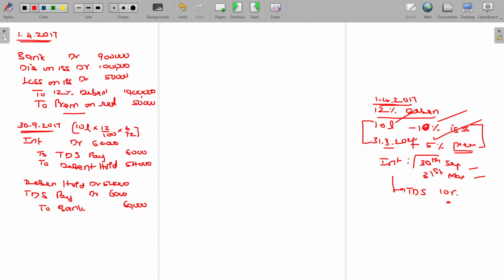First due date is over. Second on 31st March 2018. Is that okay?